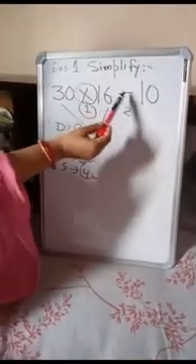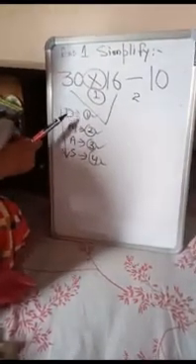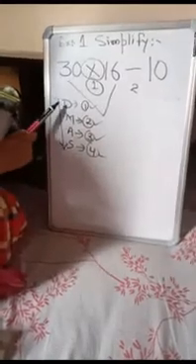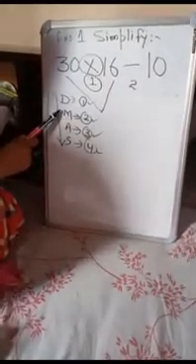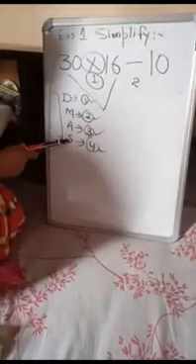Out of these two operations, multiplication and subtraction, we will firstly do multiplication, because this is DMAS, and the rule of solving operations at a time is that firstly we start with division, then multiplication, then addition, then subtraction.